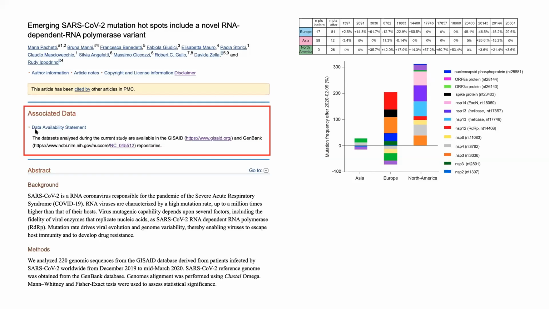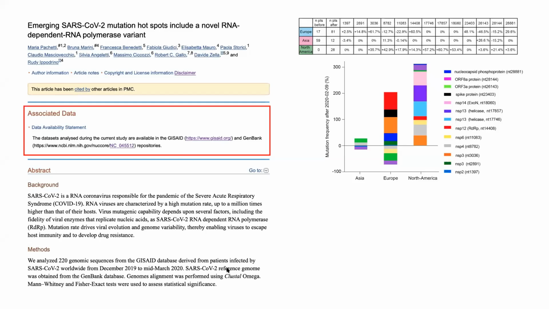Right here, you can see data availability statement. The data sets analyzed during the current study are available in GISAID and GenBank repositories. Right. So here you can see that they analyzed 220 genomic sequences from GISAID database derived from patients infected by SARS-CoV-2 worldwide from December 2019 to mid-March 2020.